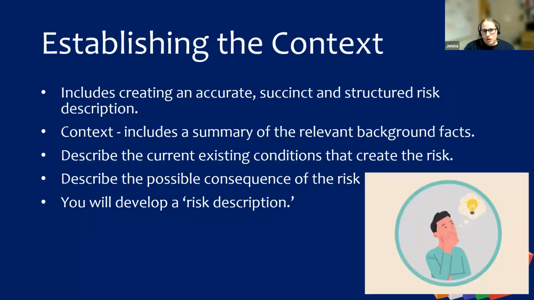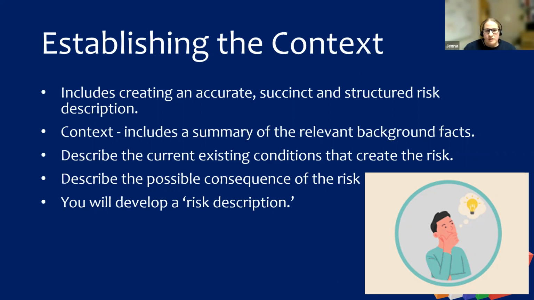So the first phase of the risk management process is establishing the context. When you're describing that risk, it really needs to be accurate, succinct, and very structured, because this is going to be passed on to people who are able to help provide some kind of treatment to mitigate it.